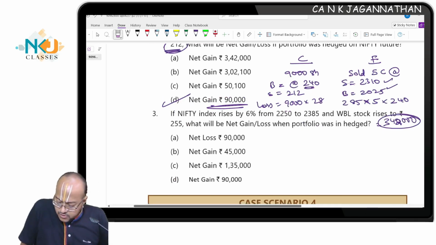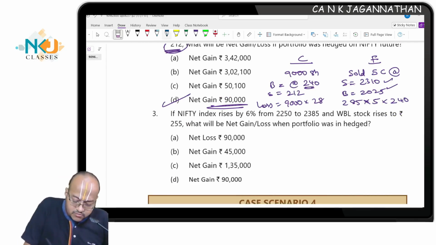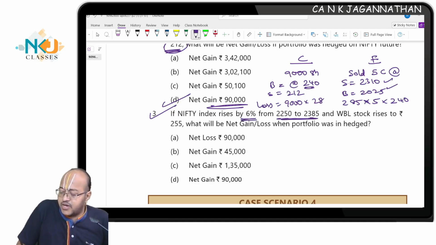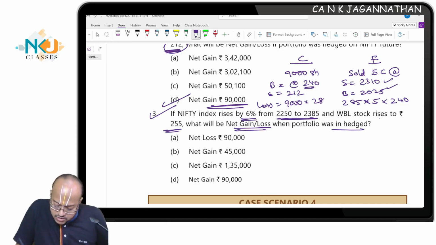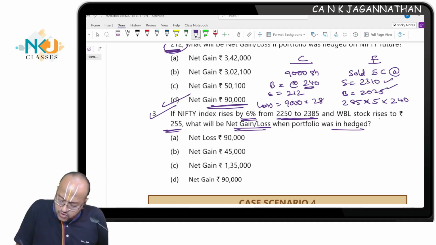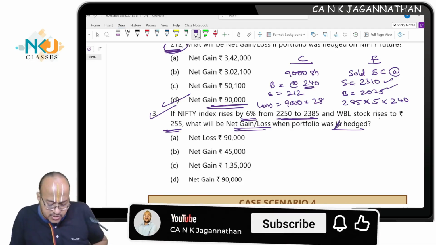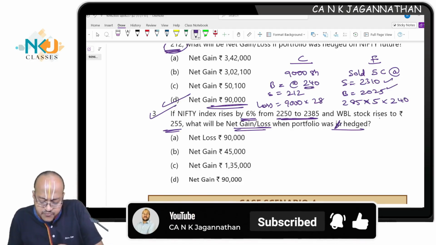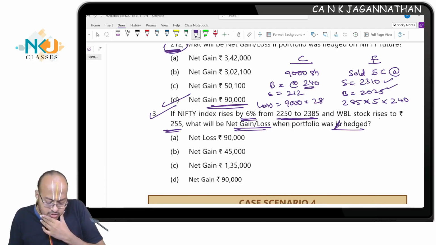Next, question number 3. If the Nifty index rises by 6% from 2250 to 2385 and WBL stock rises to 255, what will be the net gain or loss when the portfolio was hedged?